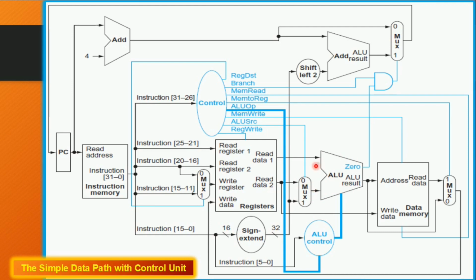After performing the operation, the result will be stored back to the register through this path, or if the entire operation is completed, the result will be stored back to the data memory through this path.